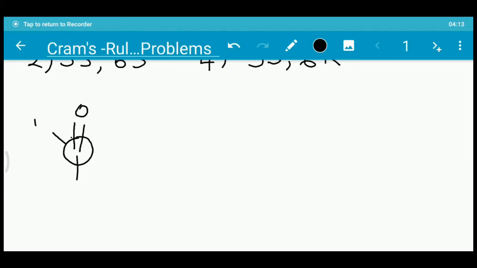So according to Cram's model, we know how to draw a Cram model, and in a Cram model we will have our medium group here, we will have our small group here, and we will have our large group here, and in this case our molecule has a methyl group.